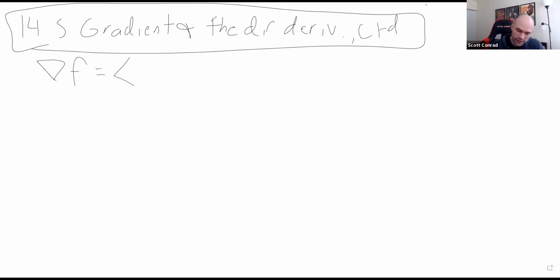If you're a function of two variables, to every point in the plane it assigns a vector: the partial of f with respect to x at the point, and the partial of f with respect to y at the point. And if you're a function of three variables, it's a three-dimensional vector: f sub x, f sub y, f sub z.